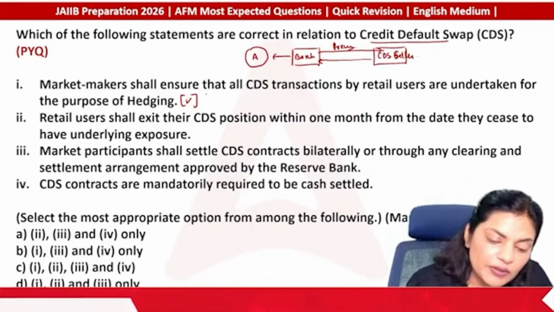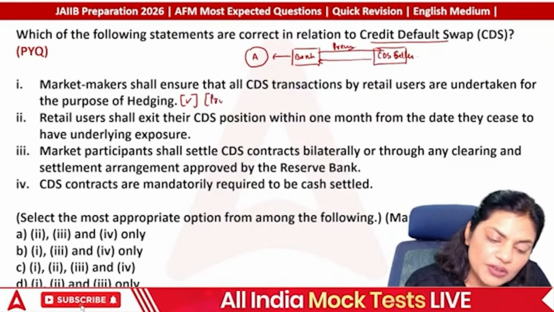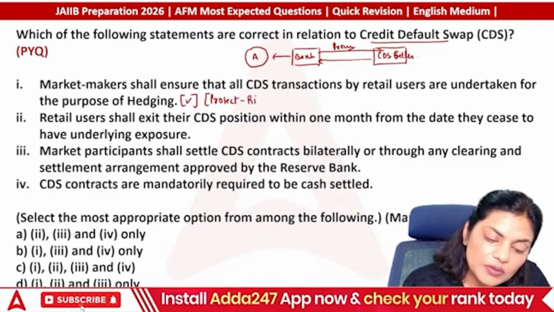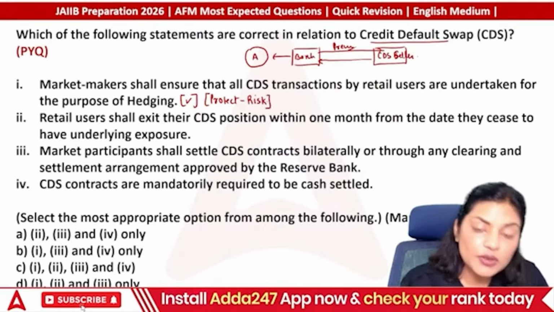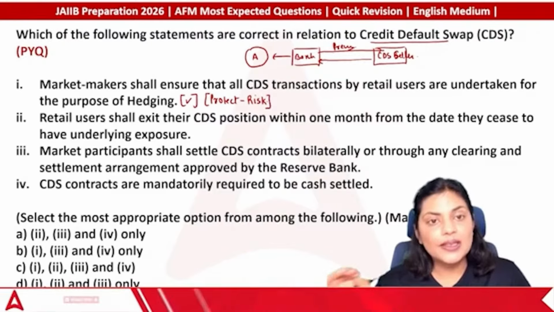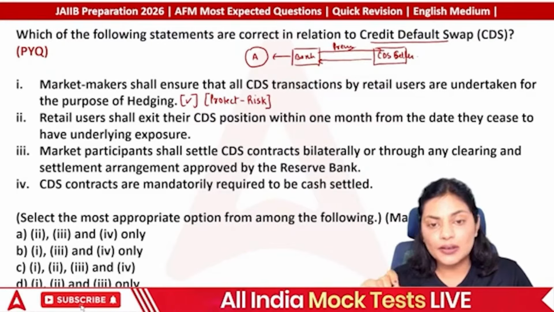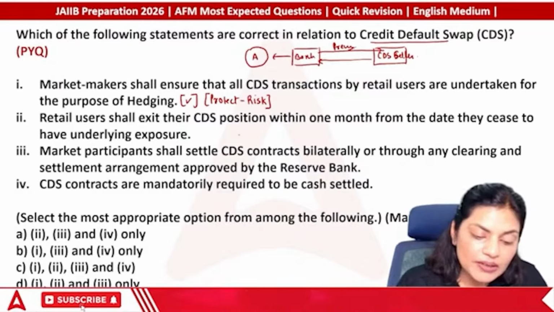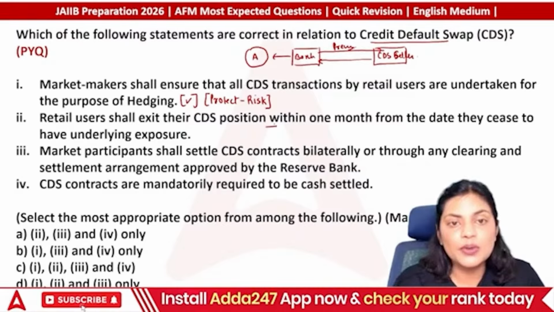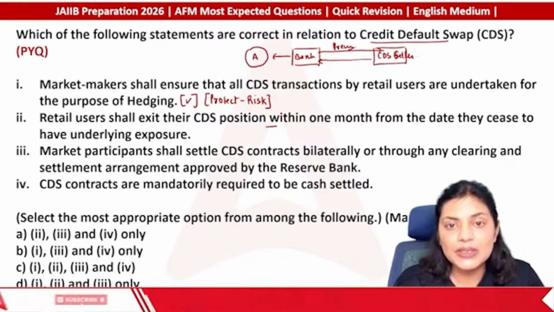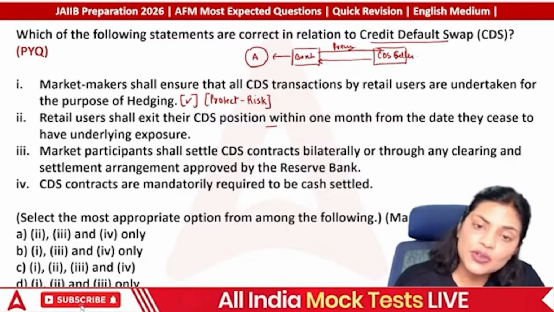So the bank was trying to protect itself from the risk. When you are trying to protect yourself from risk, that is basically your hedging. Correct? Then retail users will have to exit the position within 1 month from the date they cease to have underlying exposure. That is correct.